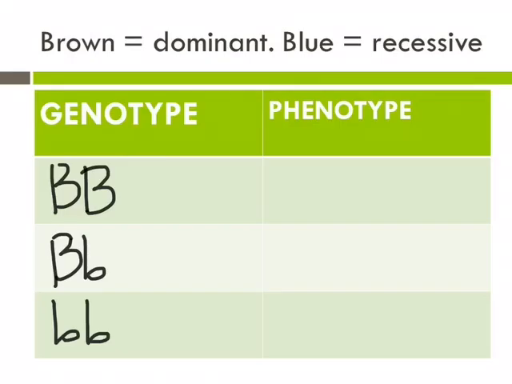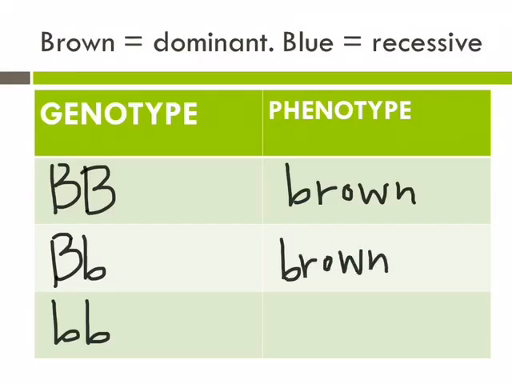So if they have two big B's, they will have brown eyes. If they have one big B and one little b, they'll still have brown eyes because the dominant big B will overpower the little b. Finally, the person who has two little b's will have blue eyes, recessive traits.